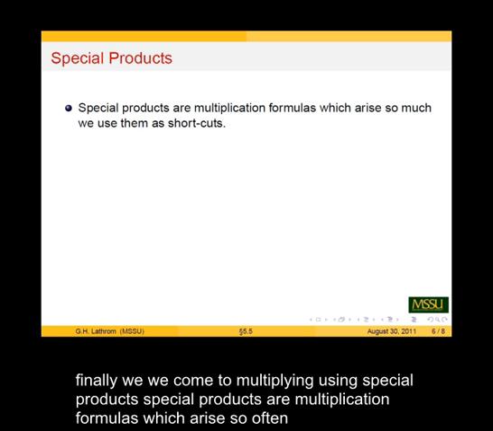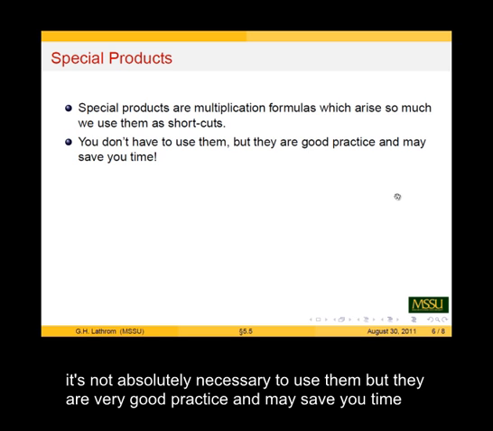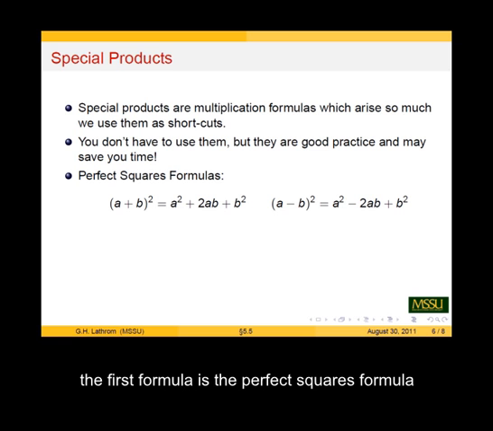Finally, we come to multiplying using special products. Special products are multiplication formulas which arise so often that we use them as shortcuts. It's not absolutely necessary to use them, but they are very good practice and may save you time. The first formula is the perfect squares formula.